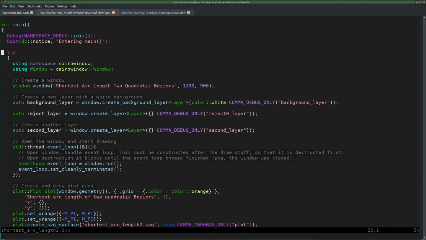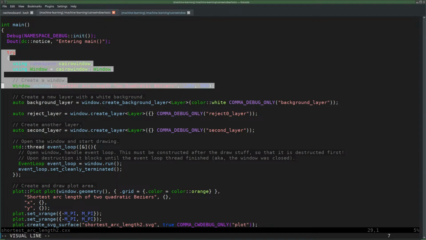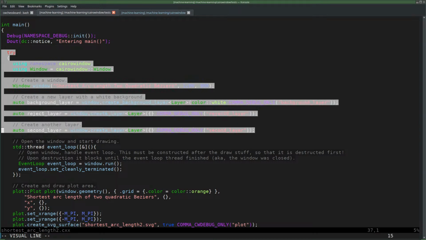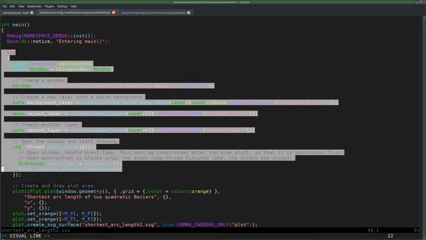Try. In space, scroll, okay, grid window, whatever. Background layer, probably. Second layer, probably. Open the window and start drawing.